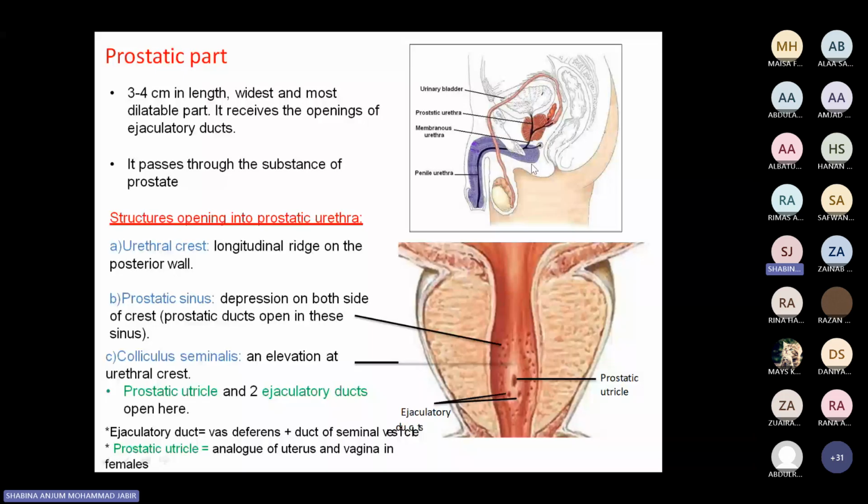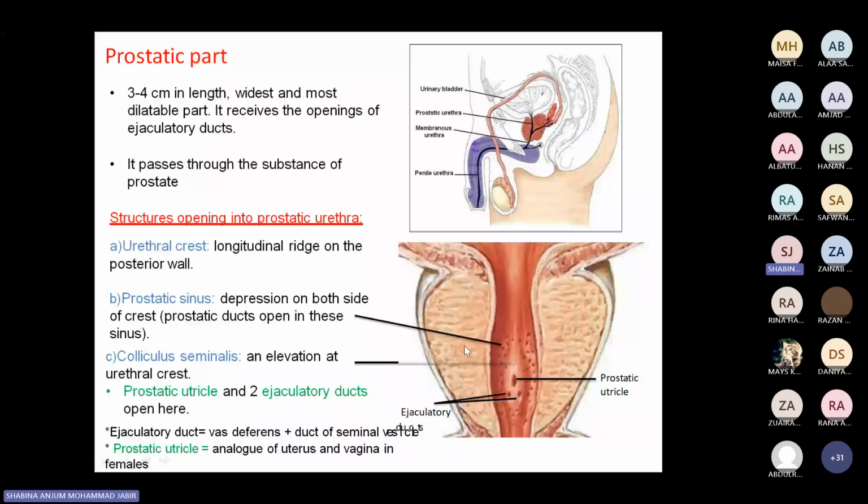But if you look very carefully, you will find that the prostatic urethra has some fine details. First of all, you have the urethral crest here.